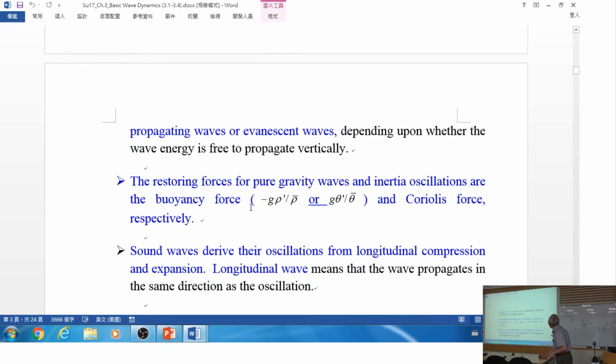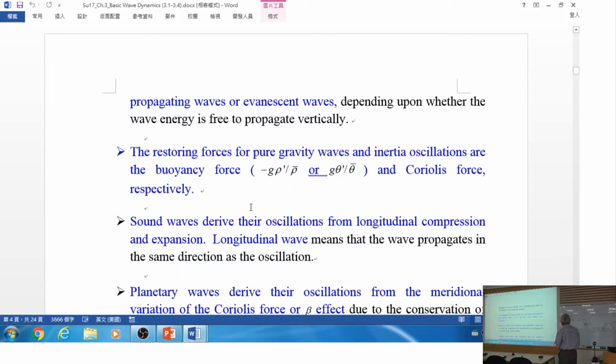The restoring force for pure gravity waves and inertial oscillations is the buoyancy force, that's related to rho prime. The density becomes higher or lower, so it differs from the environment, and then it can go up and down, which becomes the restoring force.